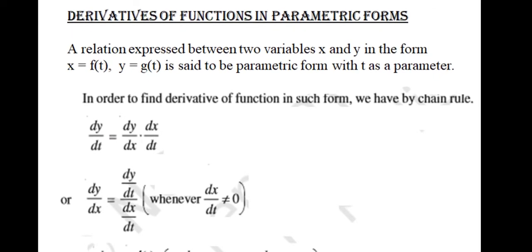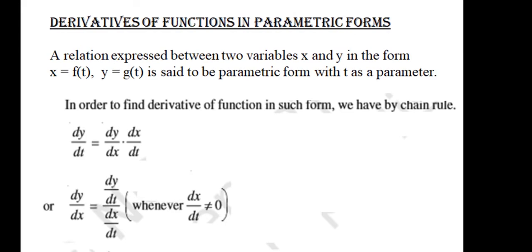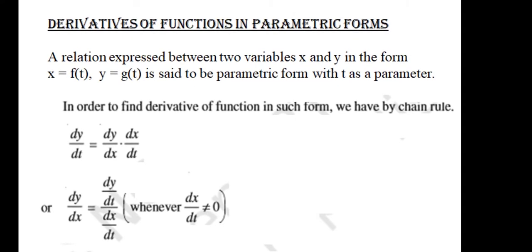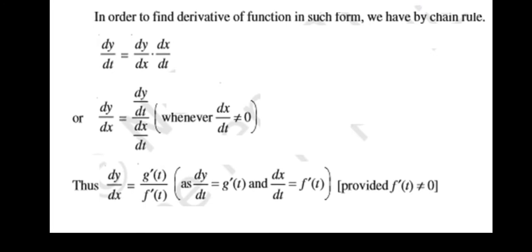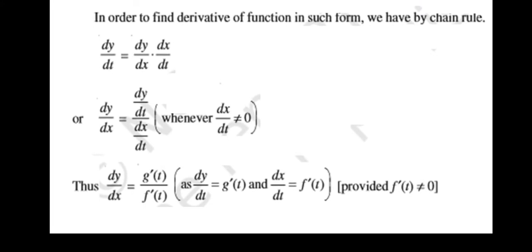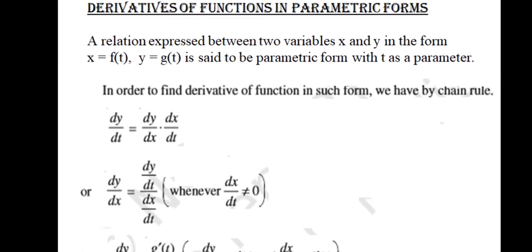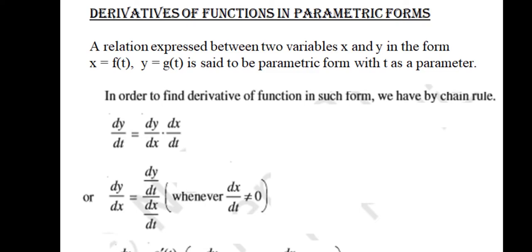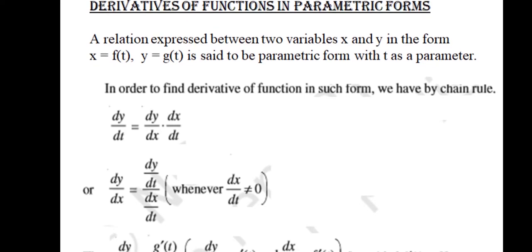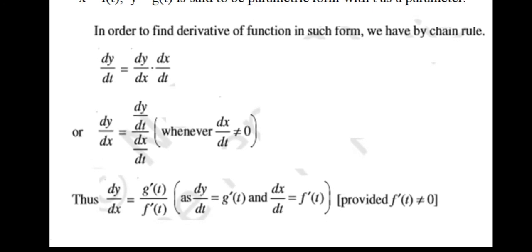After that we can find dy by dx easily by doing dy by dt divided by dx by dt. So dy by dx equals g dash t by f dash t, which is the derivative of y with respect to t, provided f dash t is not equal to 0. I hope students you understood the concept of parametric forms and the technique of finding its derivative.